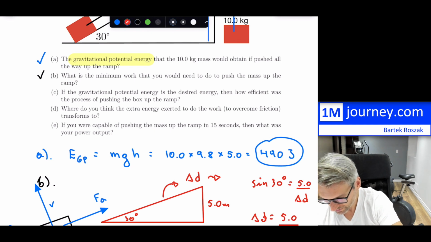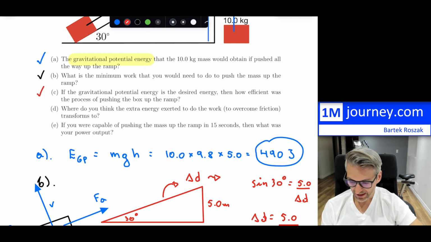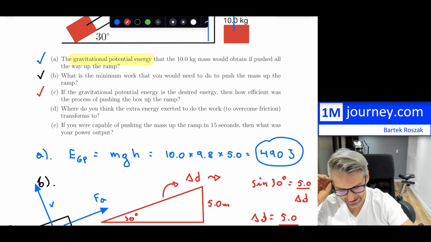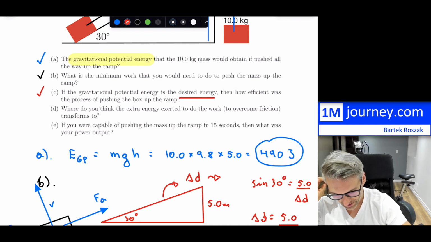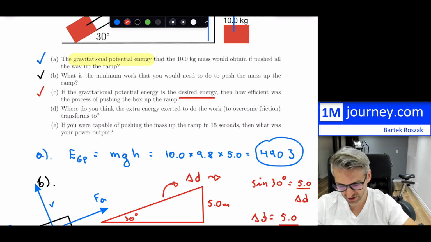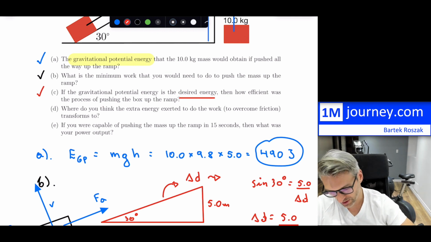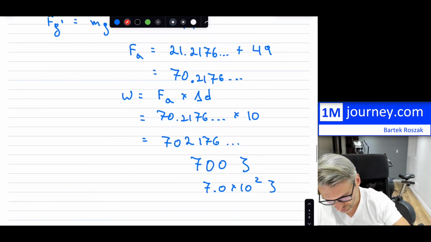Now let's keep going. So part C: if the gravitational potential energy is the desired energy, then how efficient was the process of pushing the box up the ramp? Well, this is much simpler now that we have this.